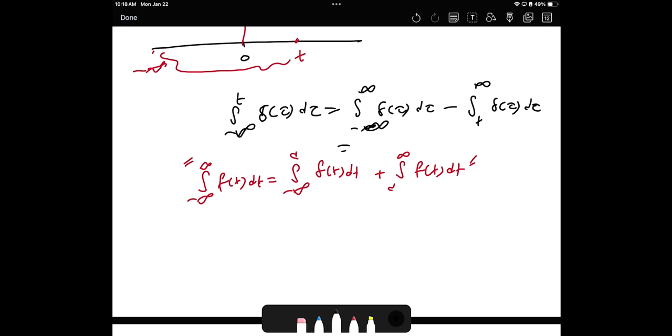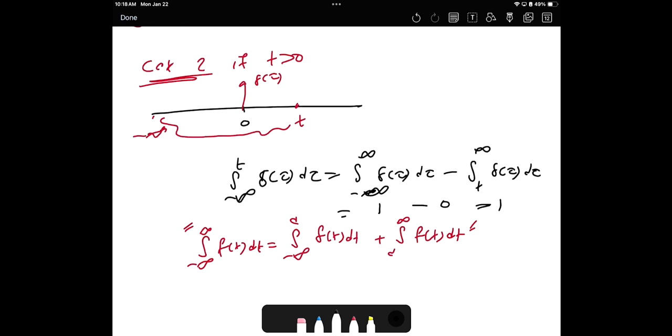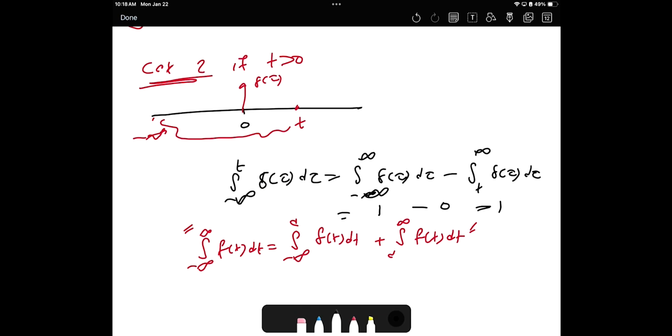The integral from negative infinity to infinity is 1, then minus the integral from t to infinity, which is 0, so the answer will be 1. Or you don't need to do this. You can say directly this equals 1, which is the same as u of t, because t is larger than 0. Okay? Does this make sense?